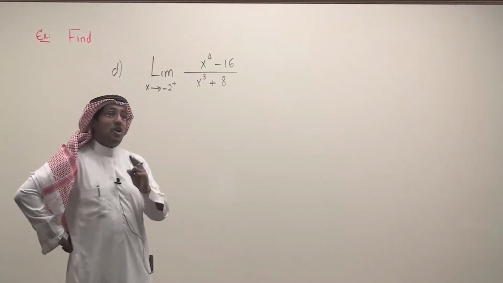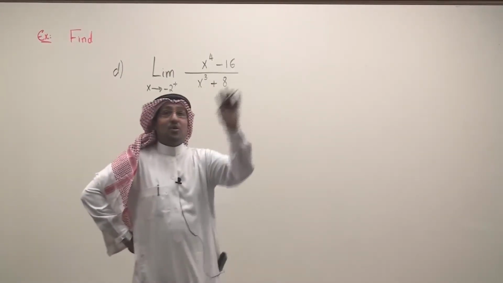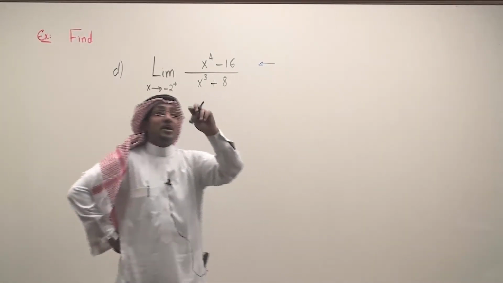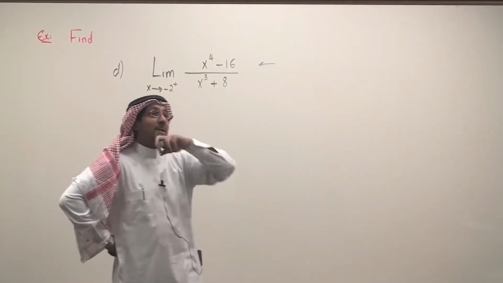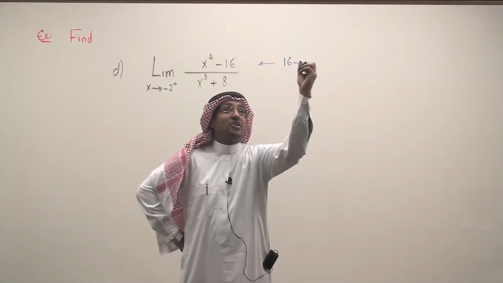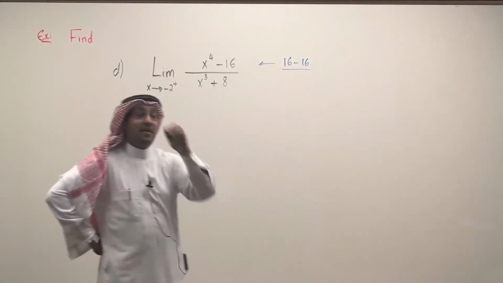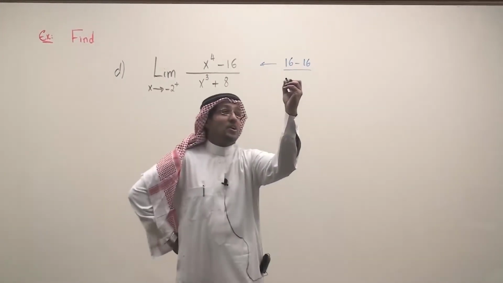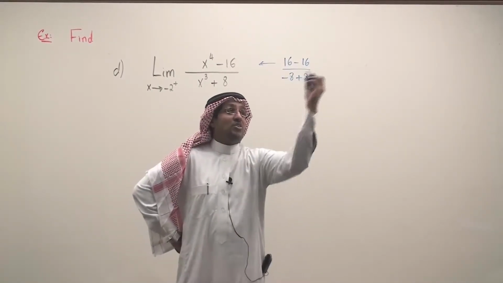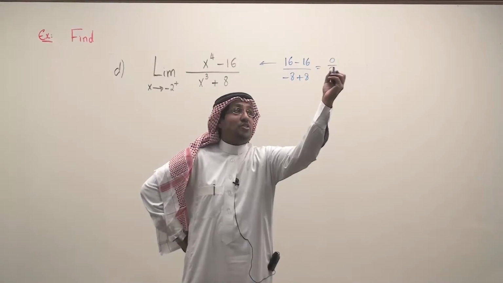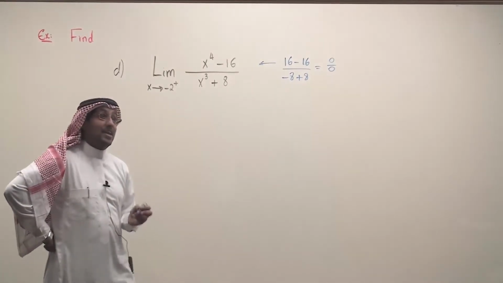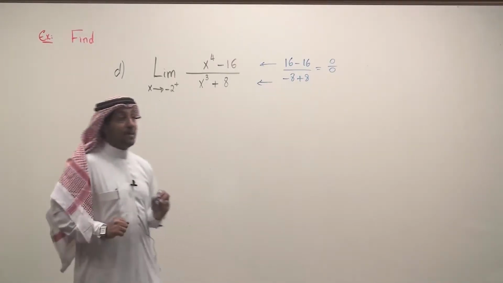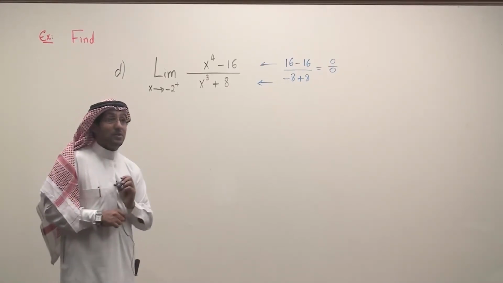As you see here, if you first study this quantity as x is getting to -2, the numerator will be -2 to the power 4, that is 16, so 16 minus 16, divided by -2 to the power 3, that is -8, plus 8, which is again of the form 0 over 0. We cannot say the limit does not exist because of this. We have to prove it. In fact, the limit will exist, as we are going to see.